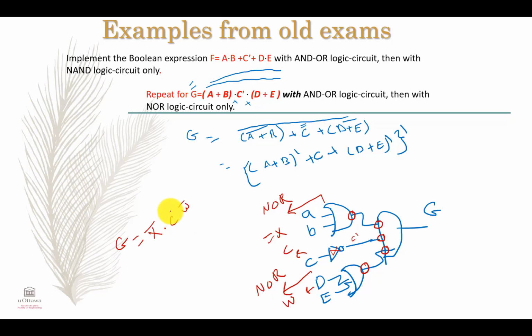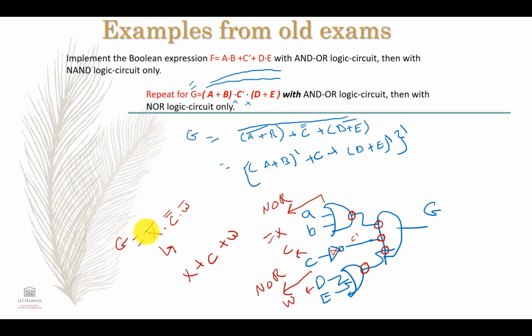Now the C can be rewritten as a double prime here because that will not harm me. And this, according to the second DeMorgan, I can take the complement and change the operation. So this will be X plus C plus W, okay? And then I have to take just one of them.